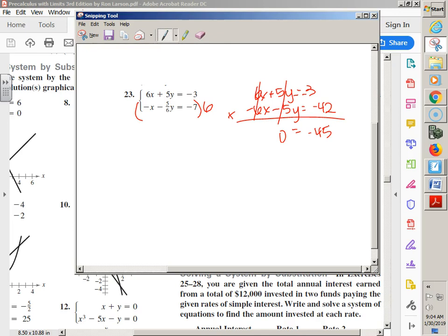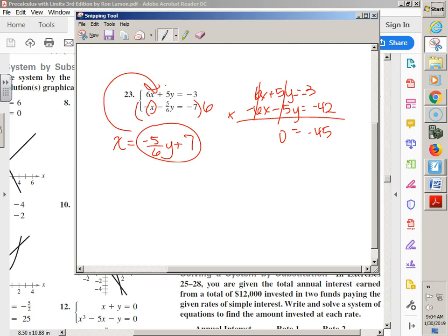But if you had done substitution, someone who did substitution like you were supposed to, I'm very, very proud of you. What did you solve for? First x, first y, second x, second y? Second x? Okay. So then the second x, if you had solved, you would have had x is equal to, divide by a negative, so it would have been negative 5/6 y plus 7. Good. Would have plugged that into the original one.